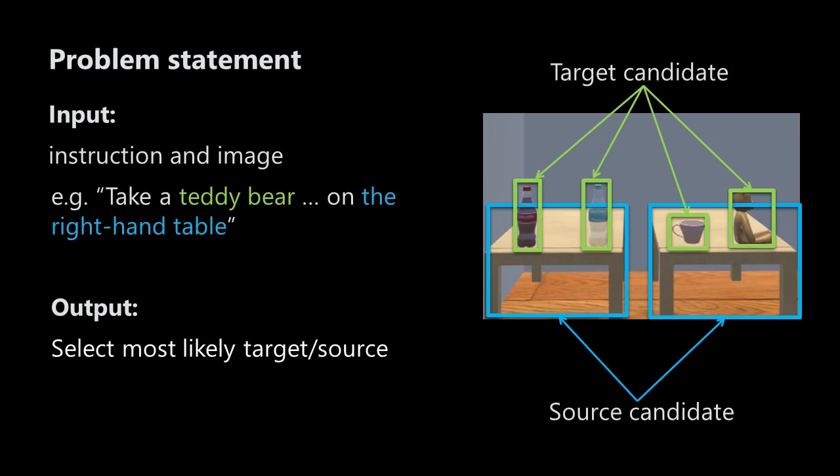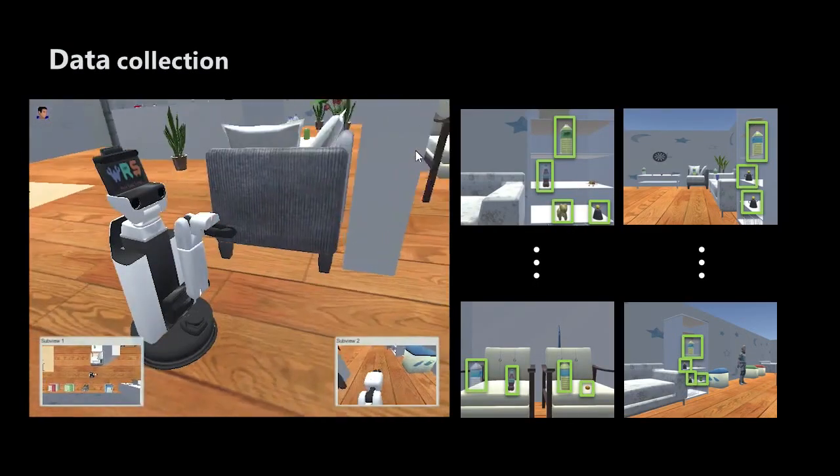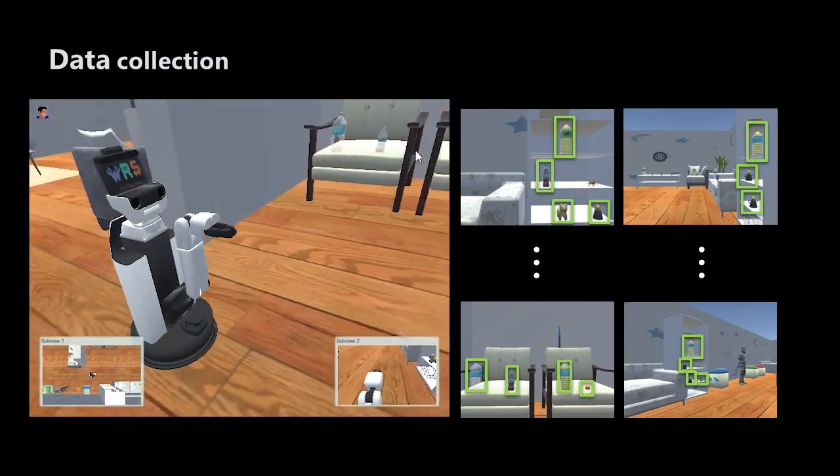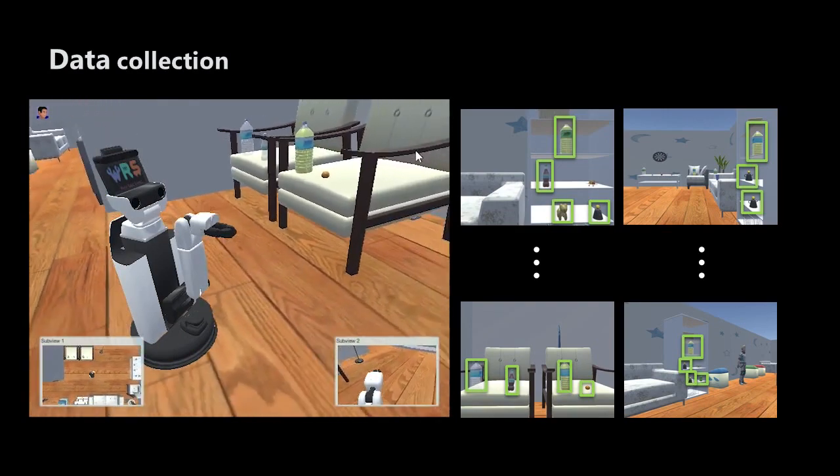To solve this multimodal language understanding task, we consider as input an instruction as a natural sentence and an image of the environment. The output is then the most likely target and source. In this study, we consider a home environment context.